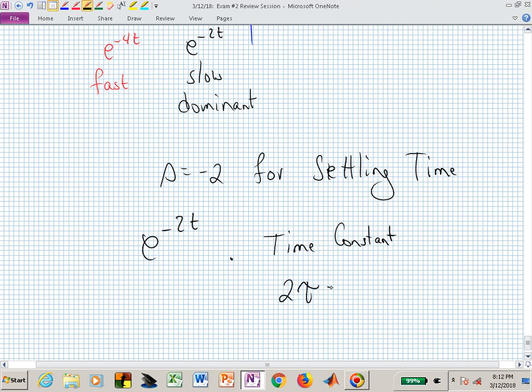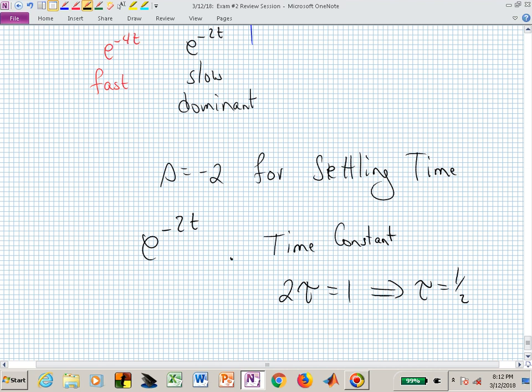If we had a settling time of 5 time constants, how long would we have to wait before this would be basically gone? 5 times 1/2, 2.5 seconds. It's exponentially done in 5 time constants, at 1% of where it started.